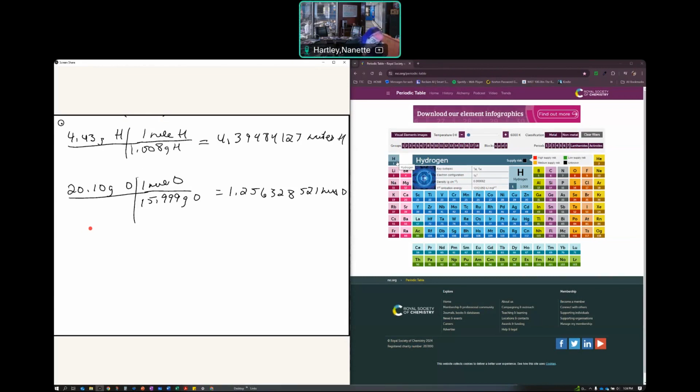So we have our carbon, and the number that went with that was 6.282574307. I'm reading it from my calculator. We have our hydrogen, and that was 4.39484127, and then oxygen 1.25632851.